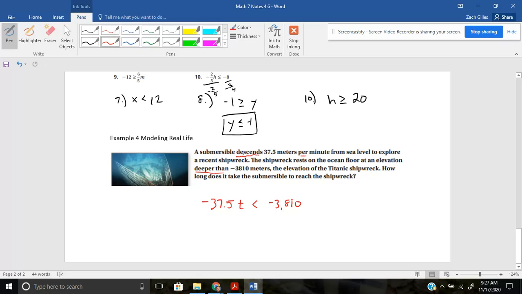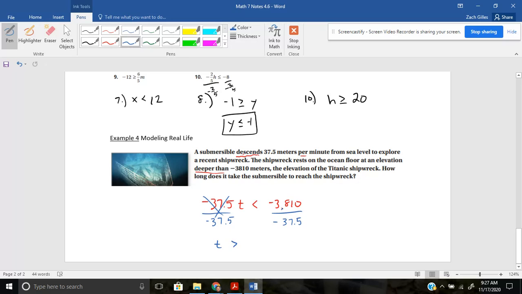Okay. How long does it take to reach the shipwreck? So if I solve for t here, that should be able to tell me how long it takes. Well, t is being multiplied by negative 37.5, so I'll divide by negative 37.5 on both sides. That'd be okay if you use your calculator for this. Anything divided by itself is 1t. Since I'm dividing by a negative, I'm going to switch my inequality.